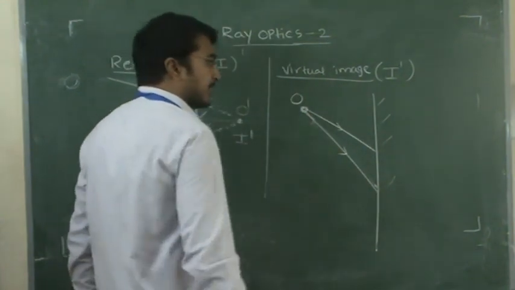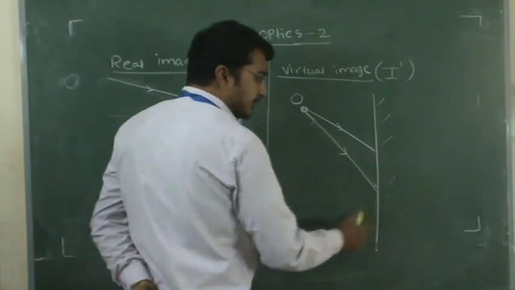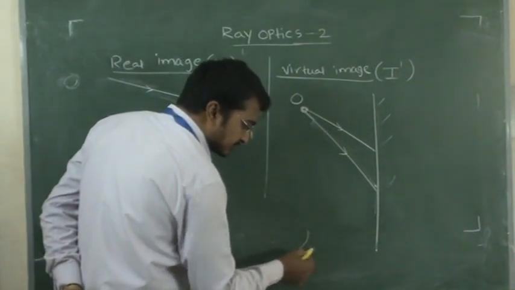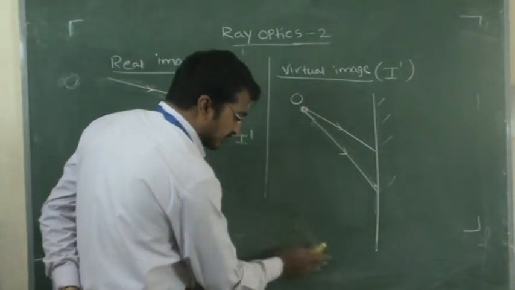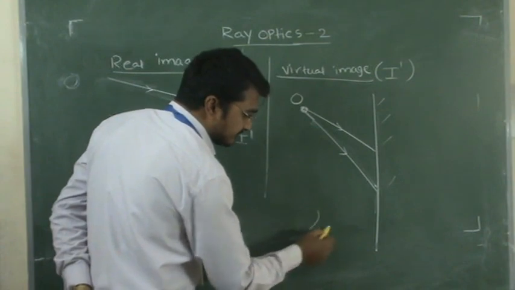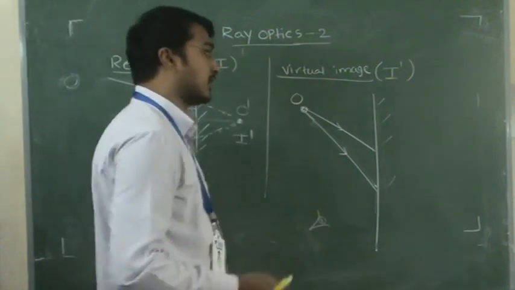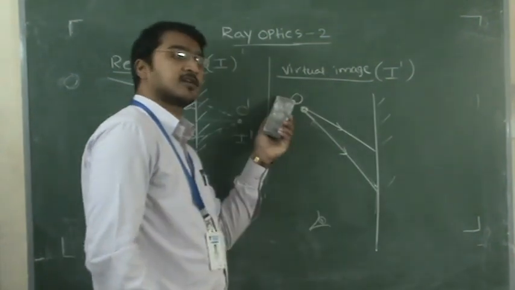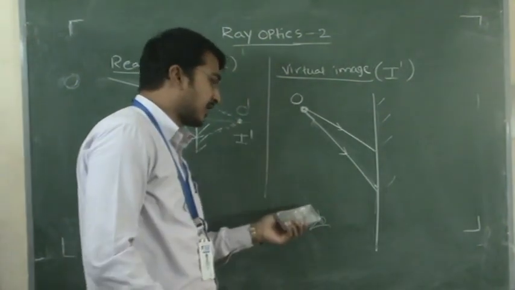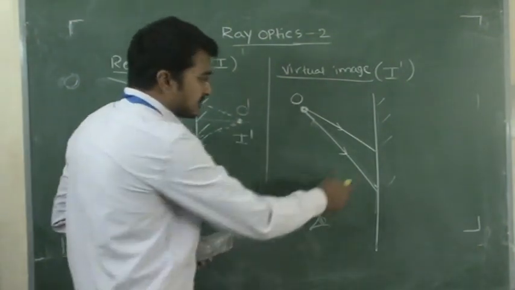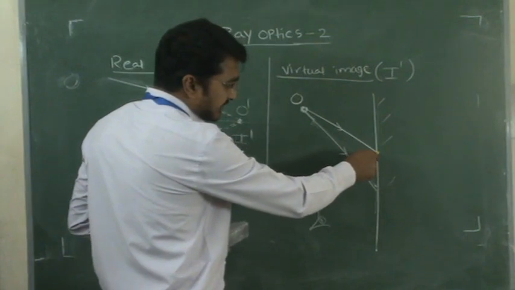Here is the observer, just like a car side mirror. This is the car behind you, and you are the driver. These rays are reflected like this.